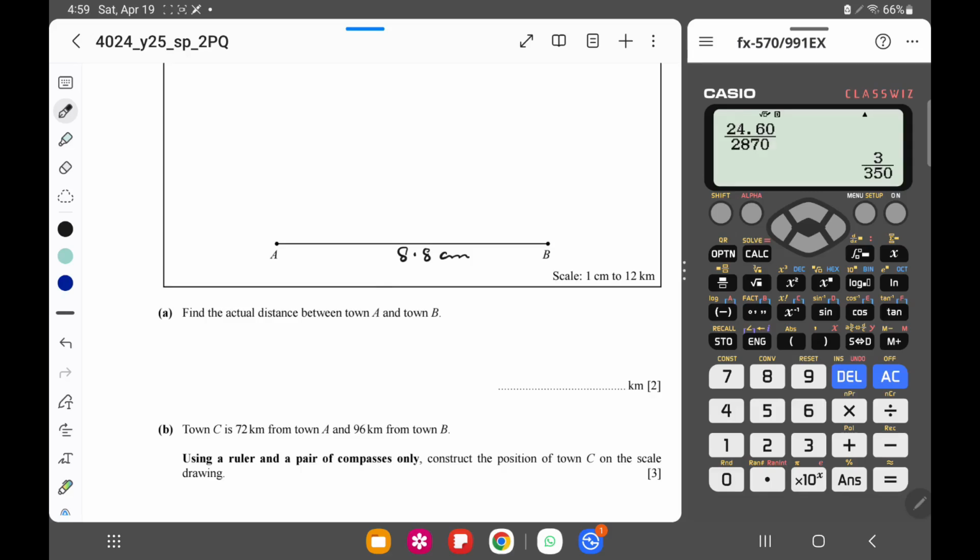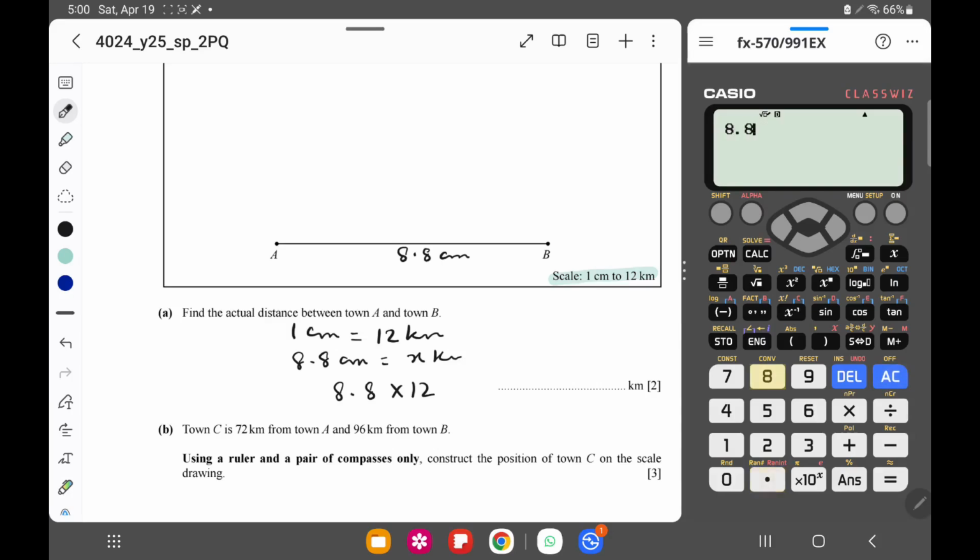So the actual distance between town A and B is required. If it is 8.8 and the scale is given in the question, with that 1 centimeter equals to 12 kilometers, then 8.8 centimeters is equal to x kilometers. Obviously you will multiply 8.8 by 12 to get the answer.